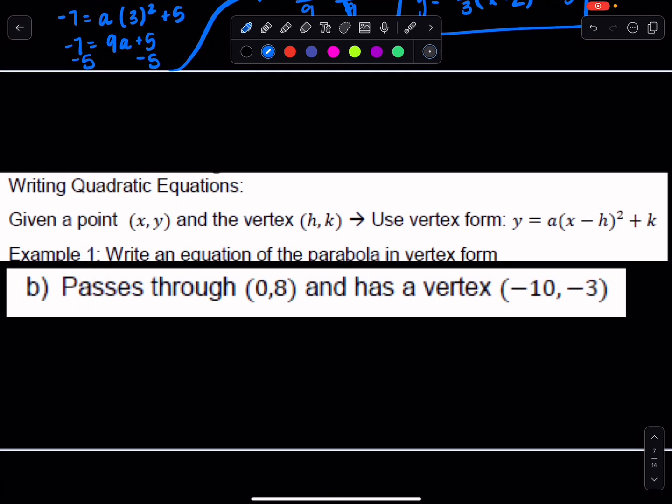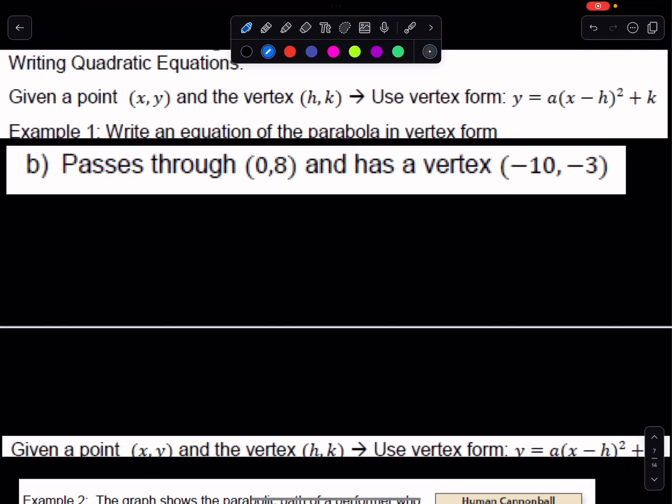Pause the video and try this example on your own. Okay, let's check it. So you should have started by plugging in x, y, h, k. So you would get 8 equals a times (0 minus -10), so plus 10, squared, plus -3, so minus 3. And then you would simplify. So 0 plus 10 is 10.